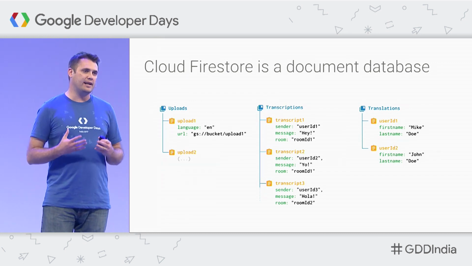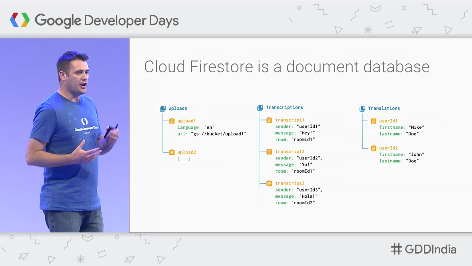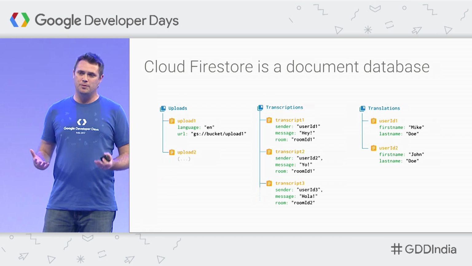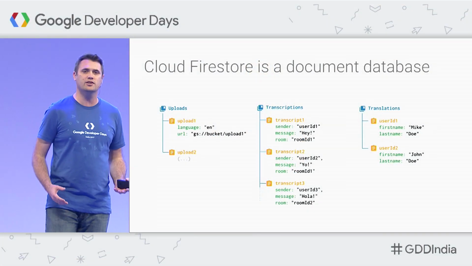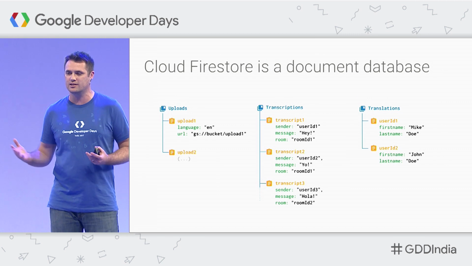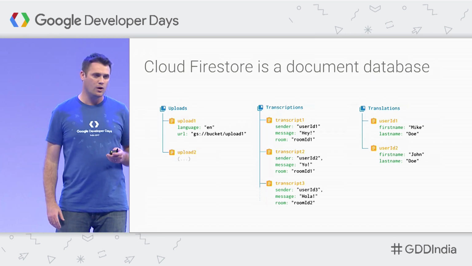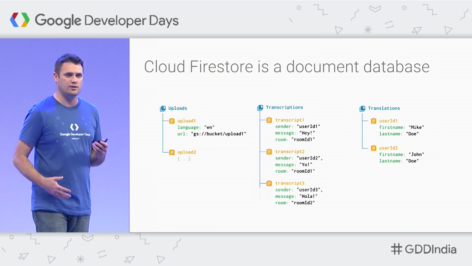We'll be storing data in several collections: an uploads collection, a transcriptions collection, and a translations collection. Uploads is going to hold a link to the file we uploaded to Cloud Storage. Transcriptions is going to handle the text representation of that file. And lastly, in translations, we're going to handle all the translations for that transcription. And we'll see how these all connect shortly.